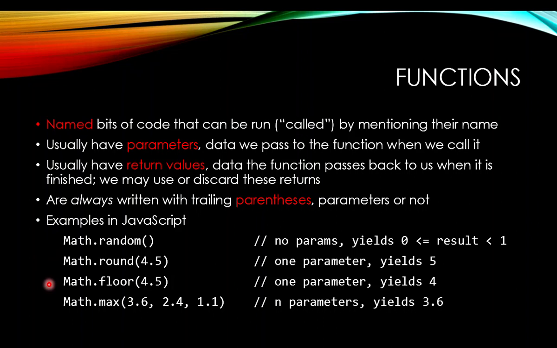Another sample, Math.floor. Floor goes downward, right? Doesn't round up or down, it always goes down. So the floor of 4.5 would be 4. But here's an example with more parameters. There's one called Math.max, and you can pass it as many parameters as you like. So if we call Math.max and we pass it 3.6, comma 2.4, comma 1.1, it will return 3.6 because it says, hey, out of the ones you gave me, 3.6 is the biggest one.